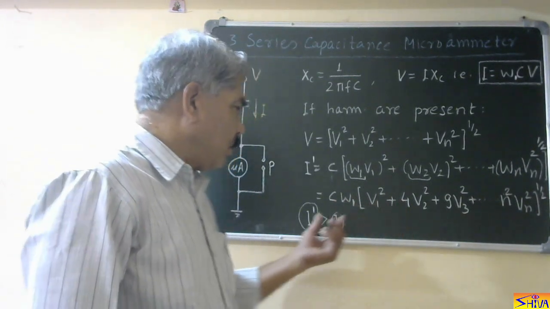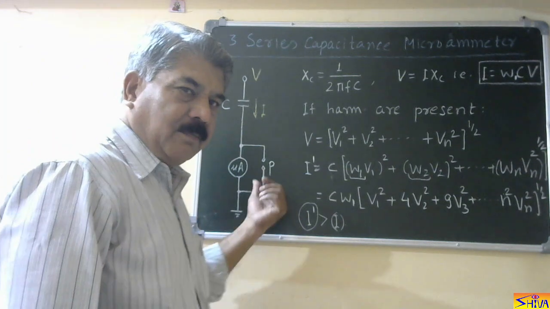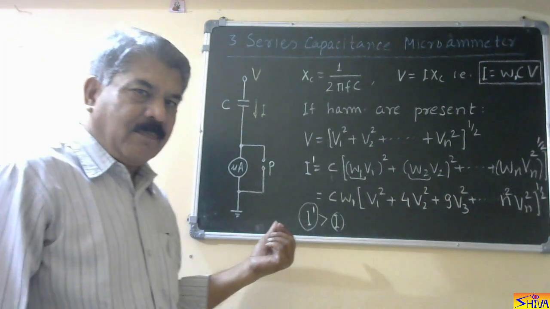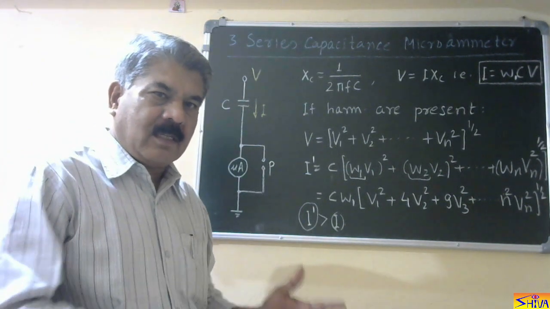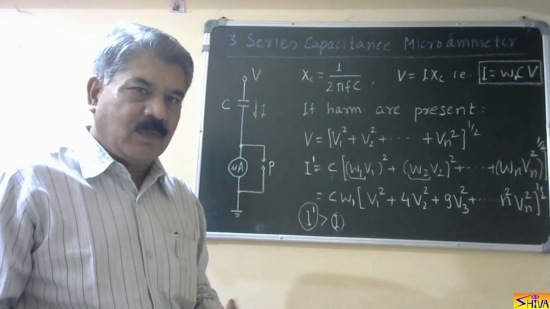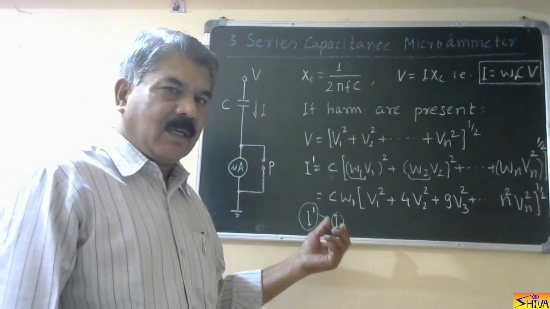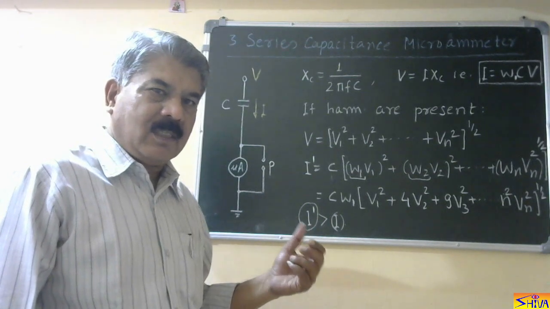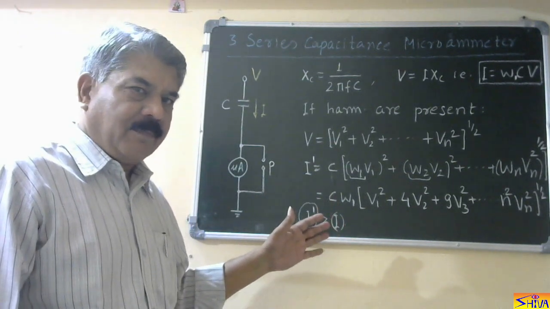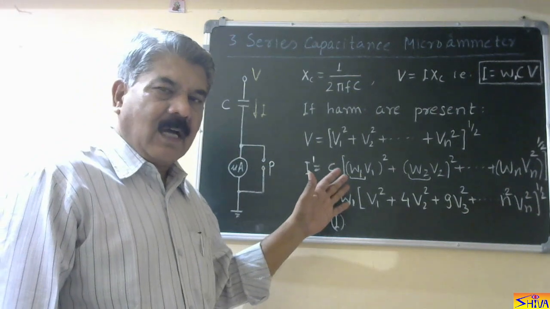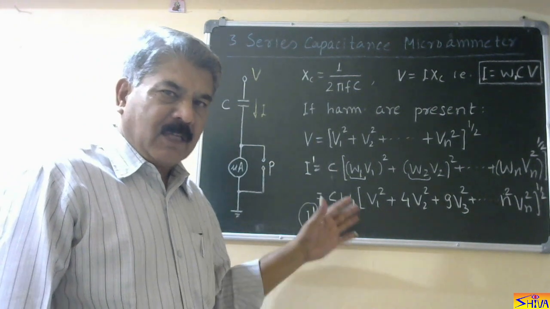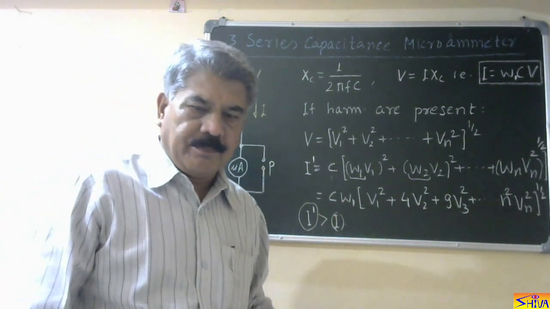So this meter will indicate the voltage which consists of fundamental plus harmonics. We cannot extract only the fundamental component in this method. So this is the chief source of error when the voltage contains harmonics. Now I will explain this by a numerical.